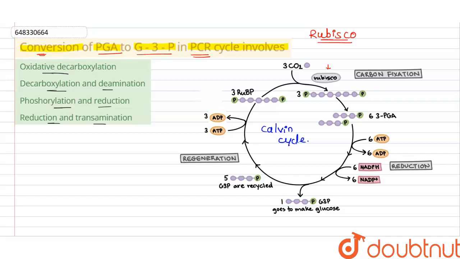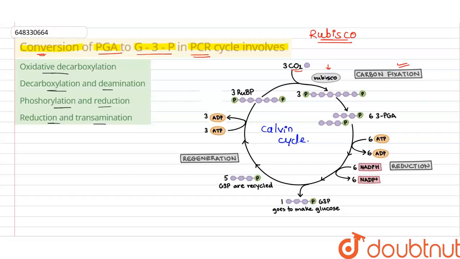This rubisco is a very important component in the overall cycle. Basically this enzyme combines the carbon dioxide, and carbon fixation is done here. Carbon fixation obviously involves CO2, and here you can see 3 CO2 is there, and carbon fixation is done because of rubisco.